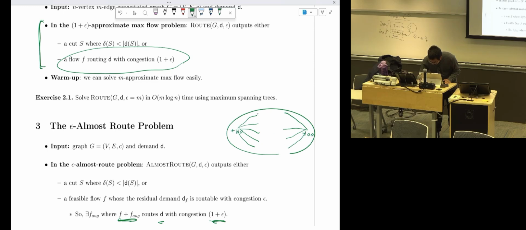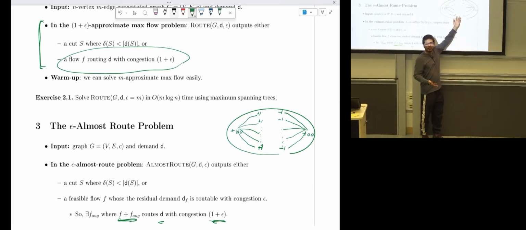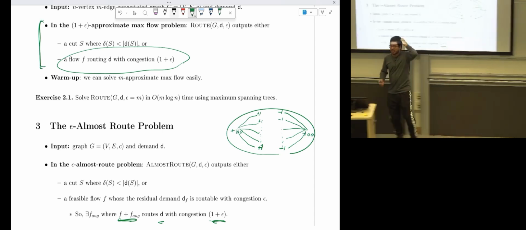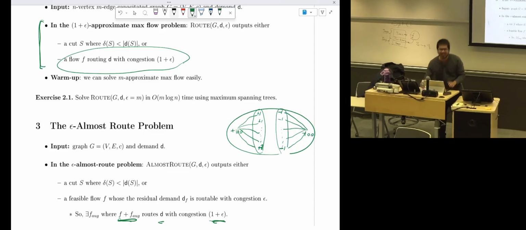So that this is plus 1, plus 1, plus 1. This is minus 1, minus 1, minus 1. My flow might not even reach each other at all. But the residual flow now looks like just only plus 1 here and minus 1 here.